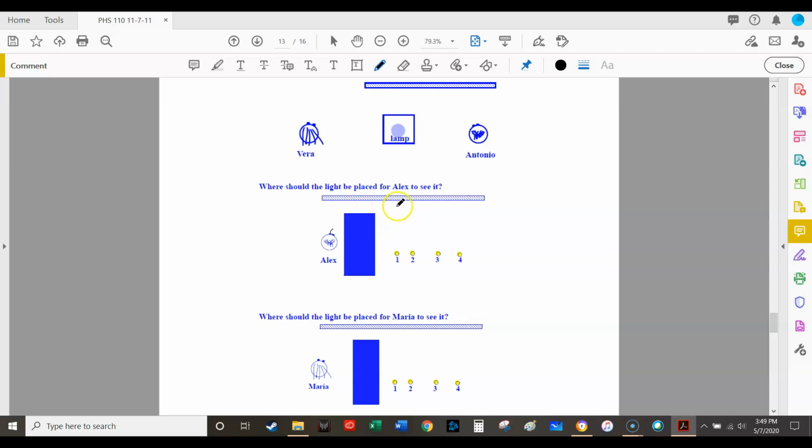All right. Well, the best way to do this is to essentially just find the midpoint between Alex and any one of these objects. So let's try number 4. The midpoint between Alex and number 4 light source is about right here.